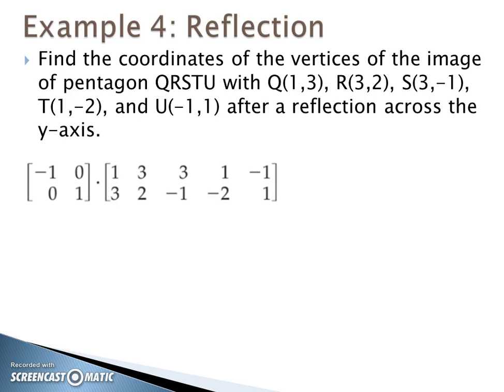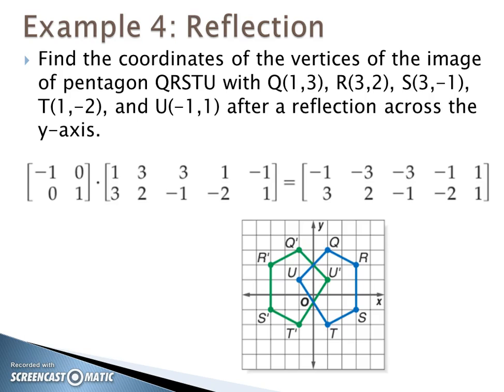Then we use matrix multiplication, and we find the coordinate points are -1, 3, -3, 2, -3, -1, -1, -2, 1, 1. Notice that the preimage and image are congruent, so both figures have the same size and shape. So a reflection is an isometry.